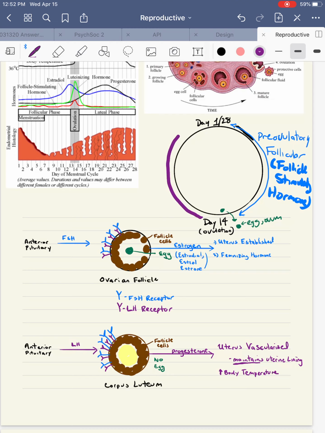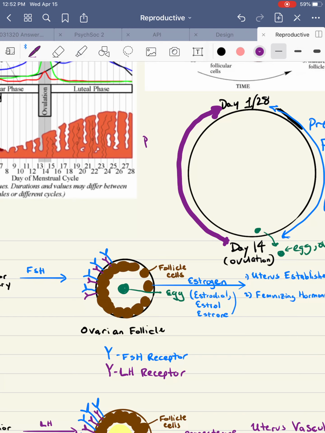From day 14 through day 28, aka day 1, we are going to call this phase here the post-ovulatory phase. There's another name for this phase I do want you to know. That's called the luteal phase. Why do you think it's called the luteal phase?